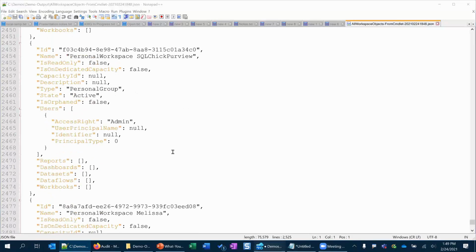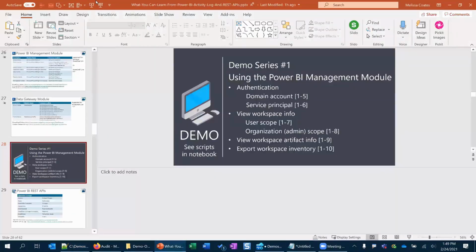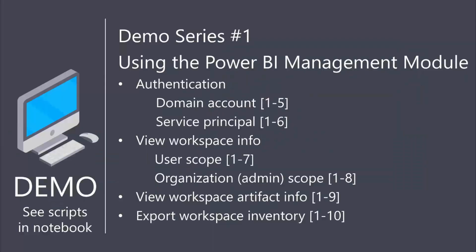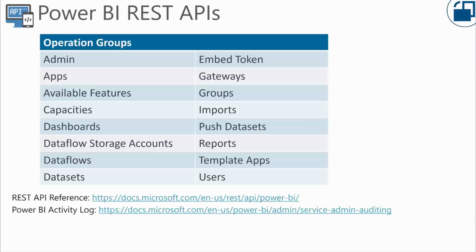All right, so there's our initial baby step into what the commandlets are and what we can get from those. So let's shift gears for a second and talk about the REST APIs. The REST APIs have categories as well. There's more of them. And so here's the thing that you've got to know: there's a whole lot more capabilities directly through the APIs than there are through the PowerShell modules.